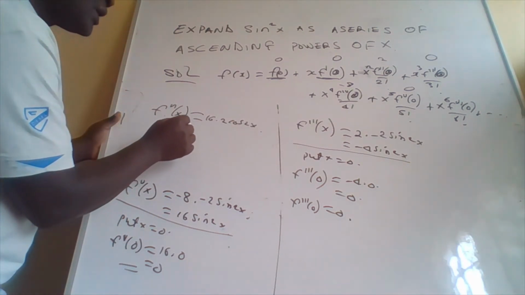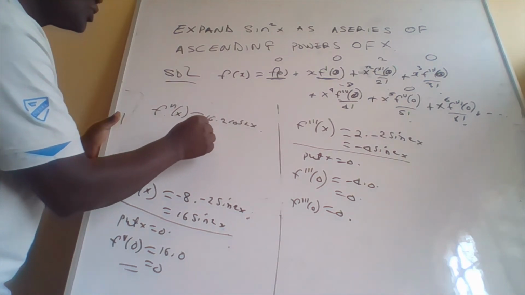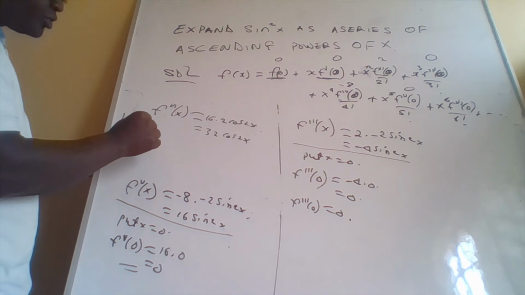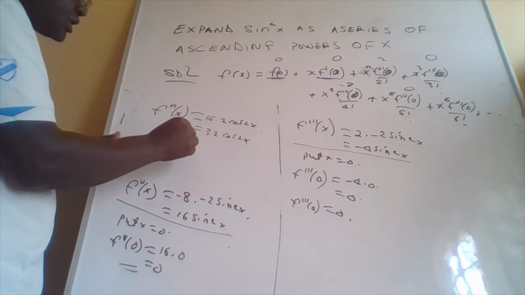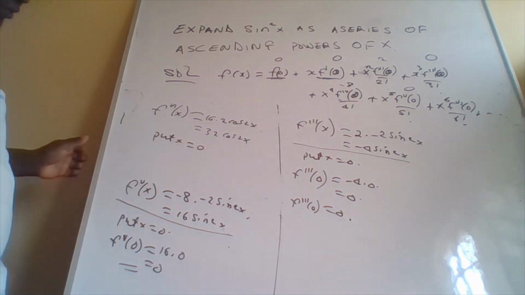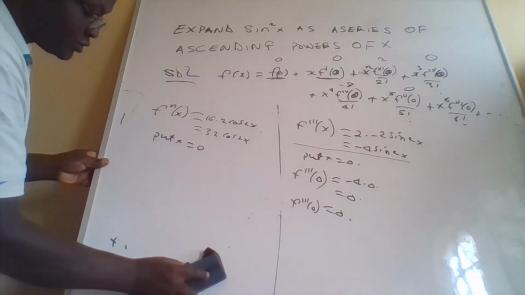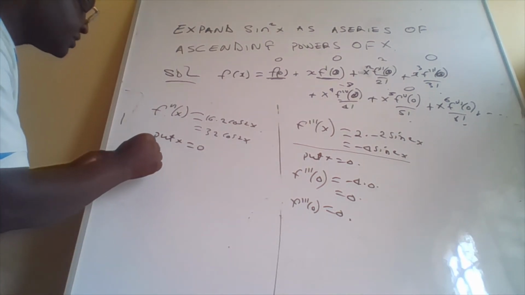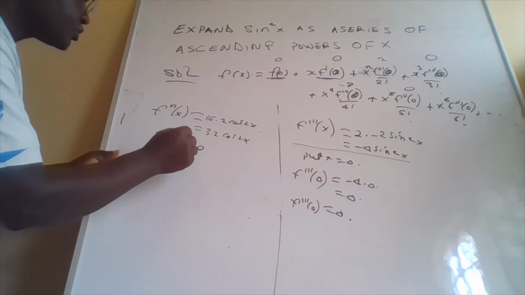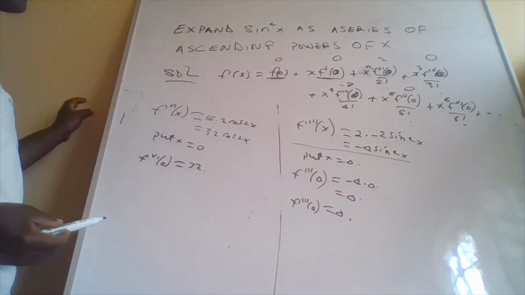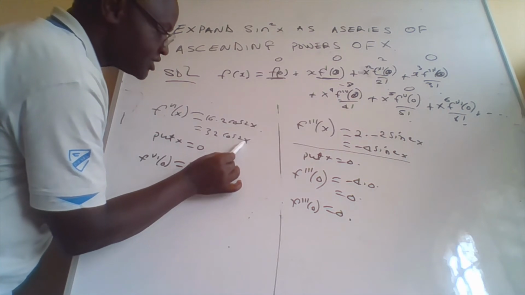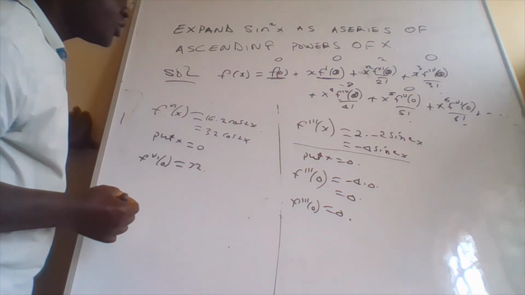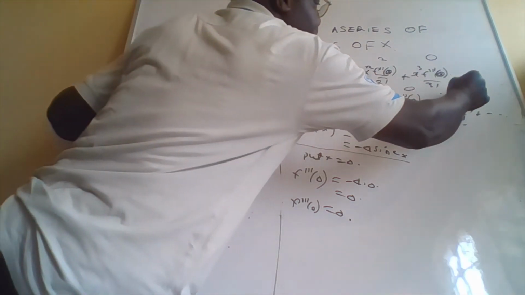So this equals 32 cos 2x, and then we put x equals 0. Because 2 times 0 is 0, cos 0 is 1, 1 times 32, we have 32.